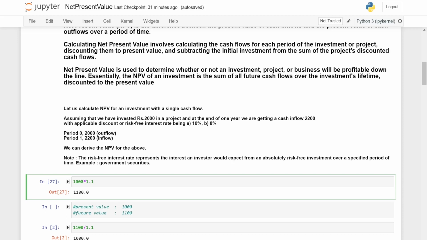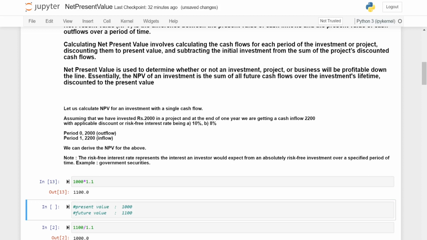Assuming that we have 1000 rupees and we can get 10% interest if this amount is deposited for 1 year. After 1 year, this 1000 becomes 1100 rupees.